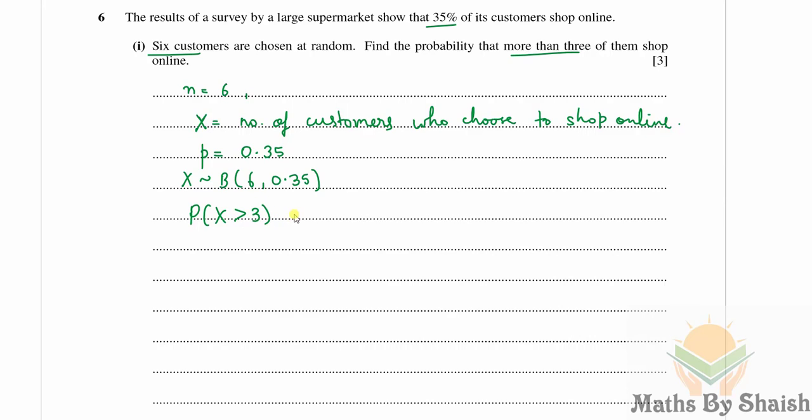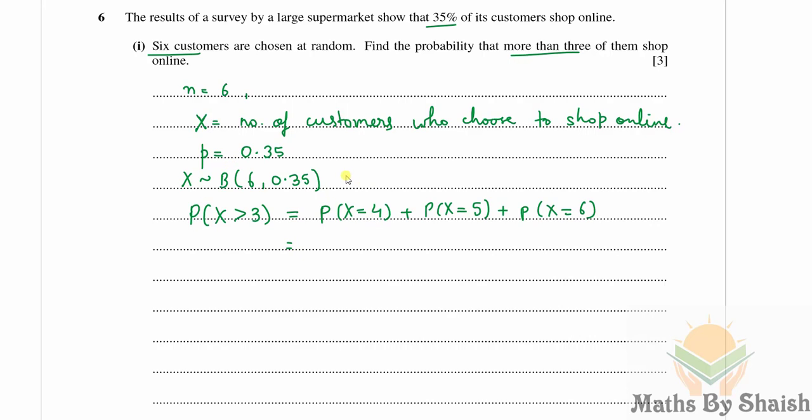So we need to find this probability, and we know that it is discrete. So if it is greater than 3, it would be probability of x is equal to 4, plus probability of x is equal to 5, plus again probability of x is equal to 6, because there are a total of 6 data. Now we are going to calculate this, and we have the formula for it.